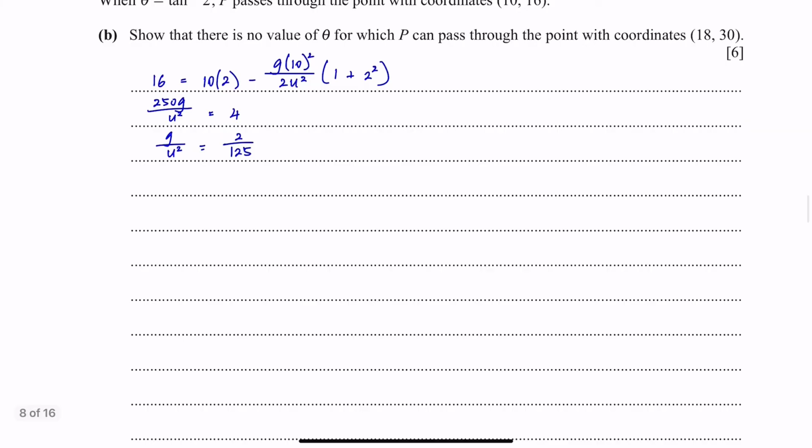And now we sub it back to find whether we can get this. So how do we do it? We can see whether we can prove that there is no value of theta. So we sub it back.